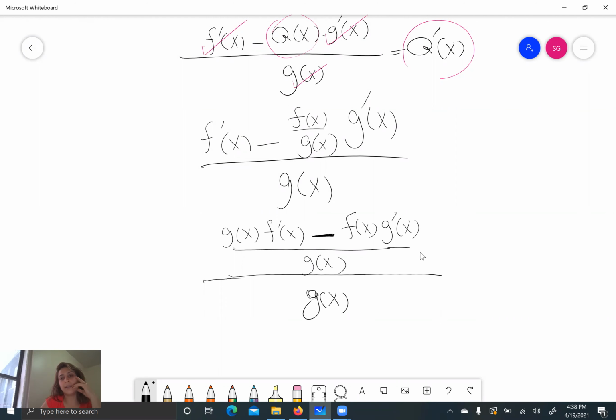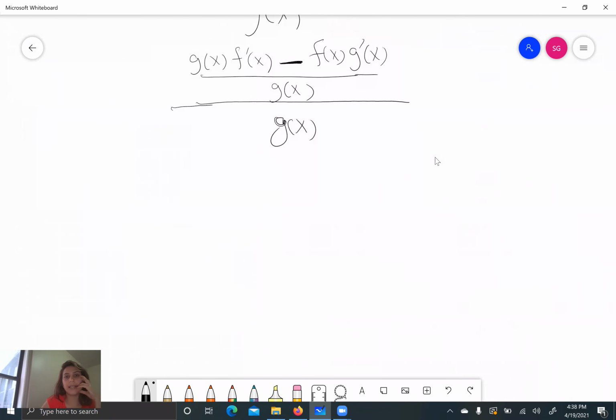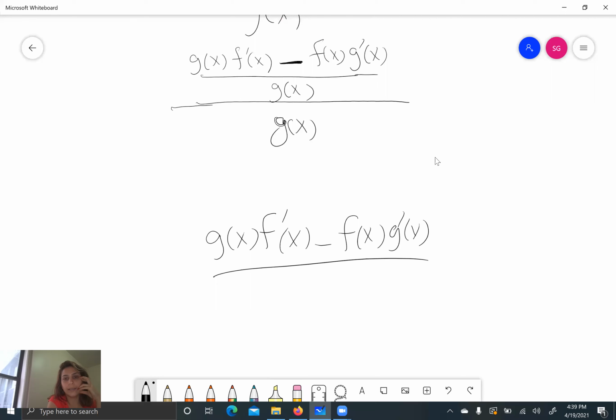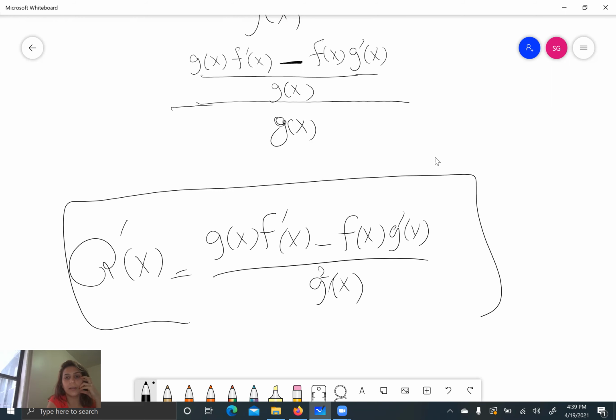And then the last step, if you simplify that, you get the top over denominator. g of x times g of x gives me g squared, g of x squared. And that's the clean formula for the derivative.